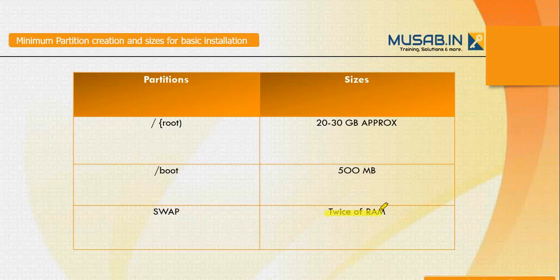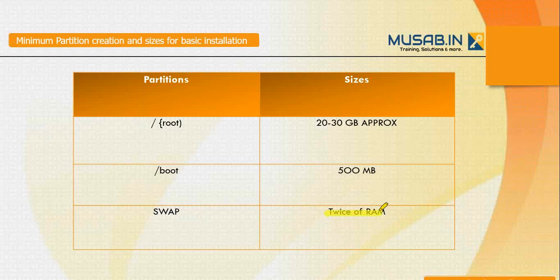And tell me one thing, if your RAM is 1 TB, such a big RAM, do you actually need a swap? So not in every case we would go with twice of RAM. If your RAM is probably smaller, then we'll go with twice of RAM. If your RAM is heavy enough, then we'll maintain minimum swap spaces.